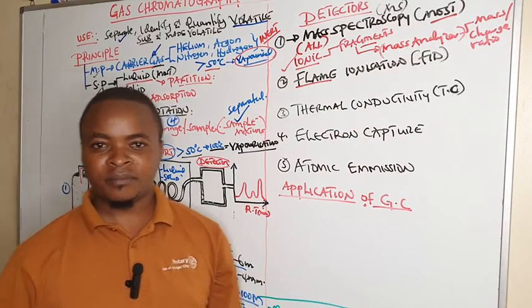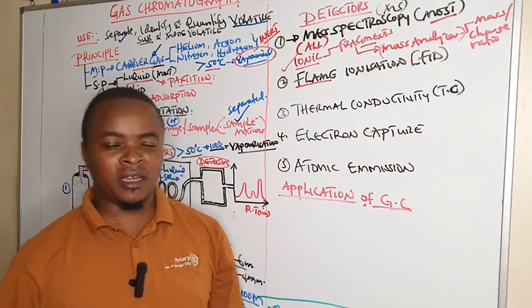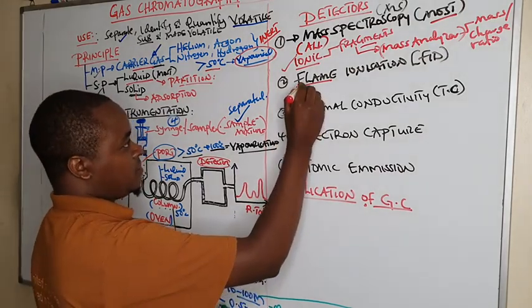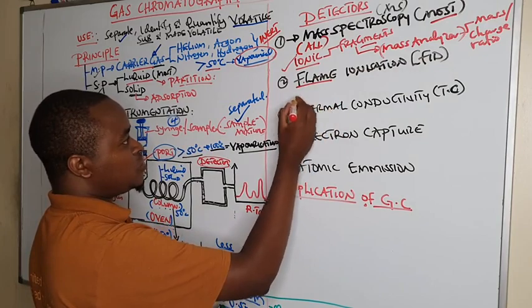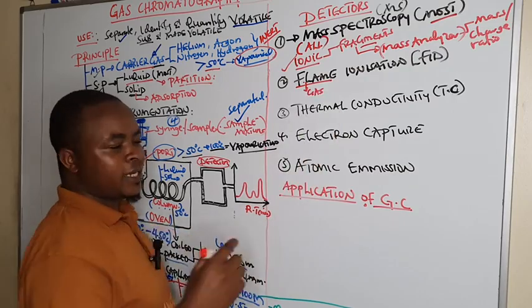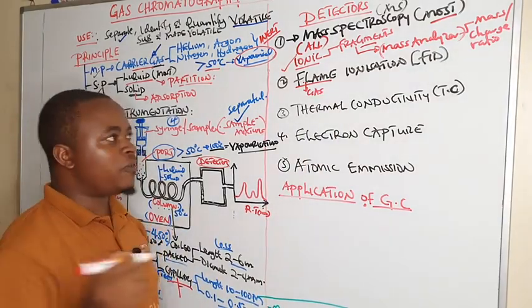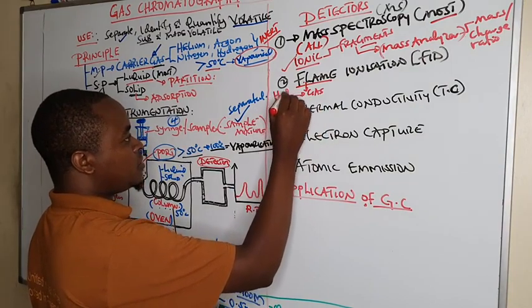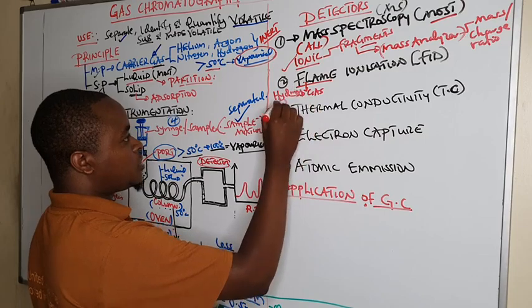Then the second one is the flame, and as the name suggests, flame means we are using burning fire or ignited fire. What we are going to do is join the carrier gas containing the substance to be separated with hydrogen and oxygen.